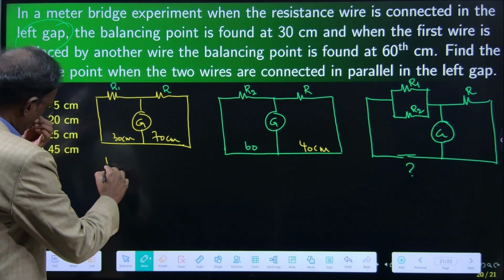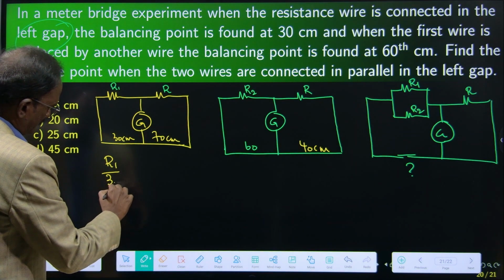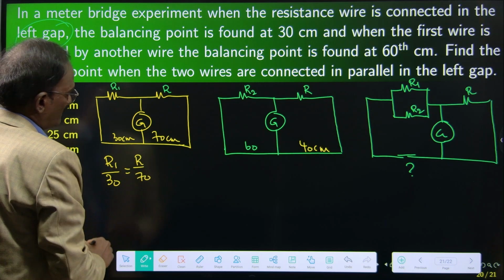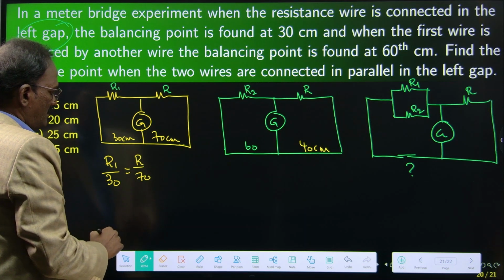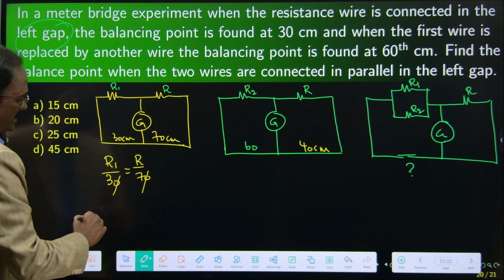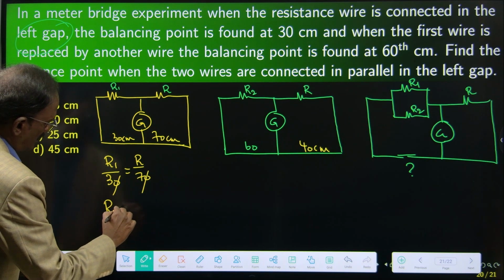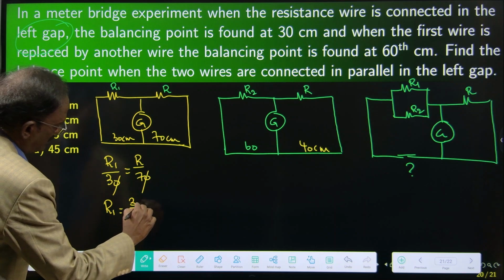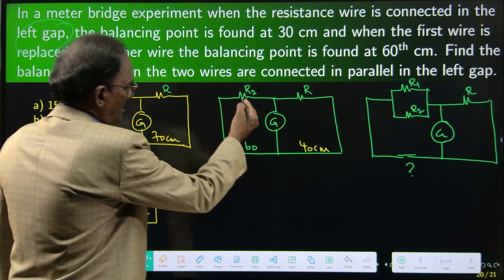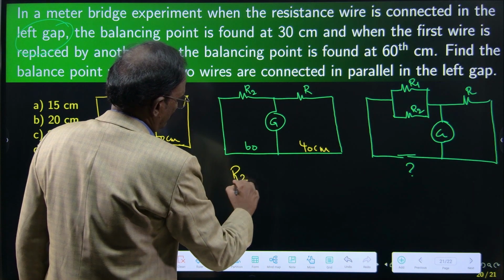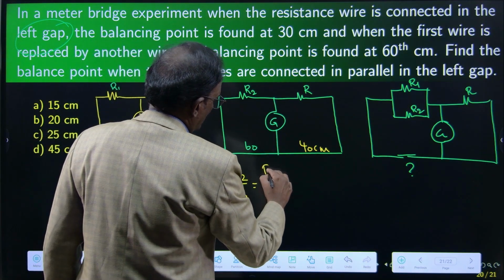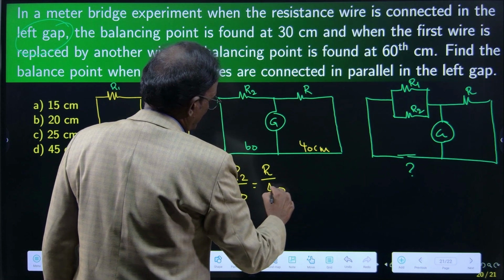R1 by 30 is equal to R by 70. So R1 is equal to 3 by 7 R. Here R2 by 60 is equal to R by 40.